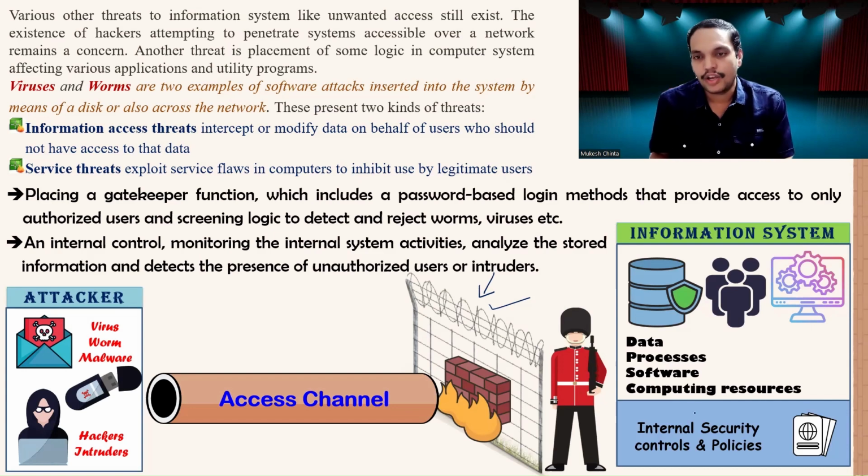For that reason, for every information system, we employ some kind of internal security controls and policies. This will keep on monitoring the type of access that a particular individual is doing to the information system. It will log everything.